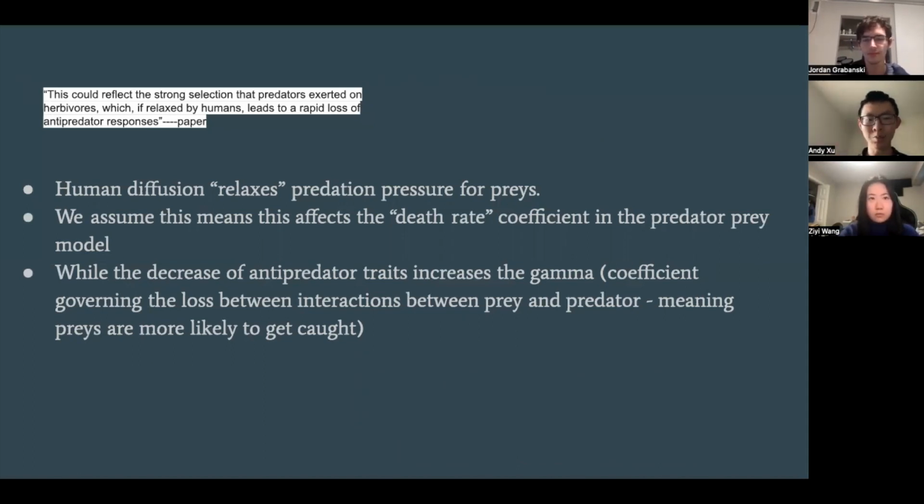And so this informs our decision to make the death rate coefficient in the predator prey model a function of human density, and also increases the coefficient governing the loss between interactions between prey and predator.